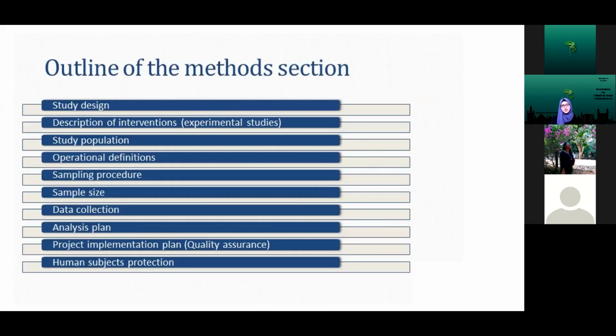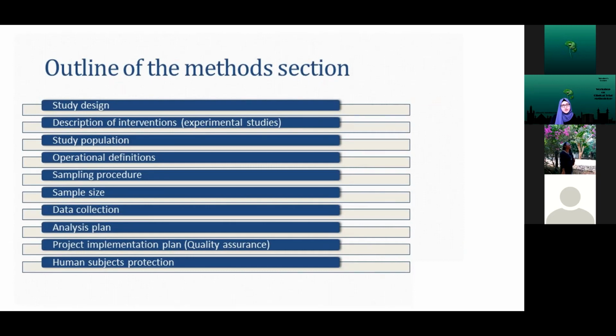Now, about the methodology. We will discuss one by one what is the outline of the method section. It includes various paragraphs containing the study design, then the description of interventions.